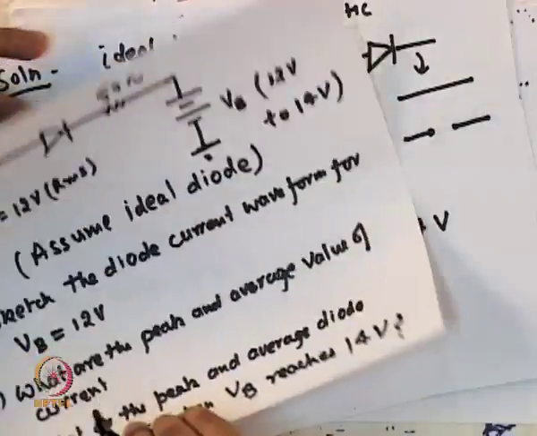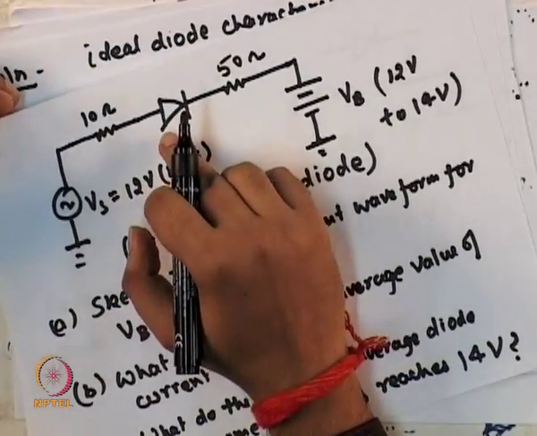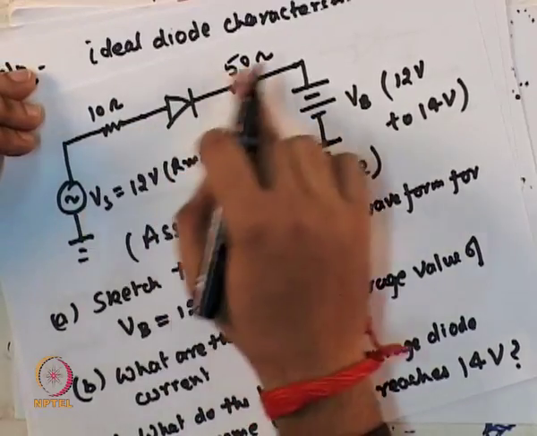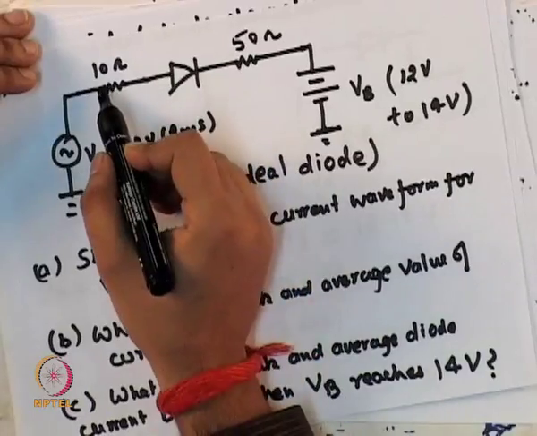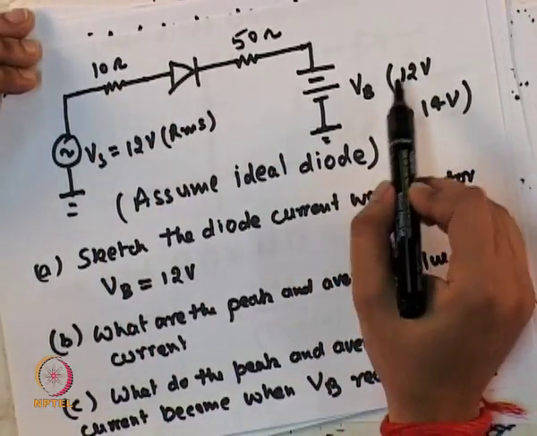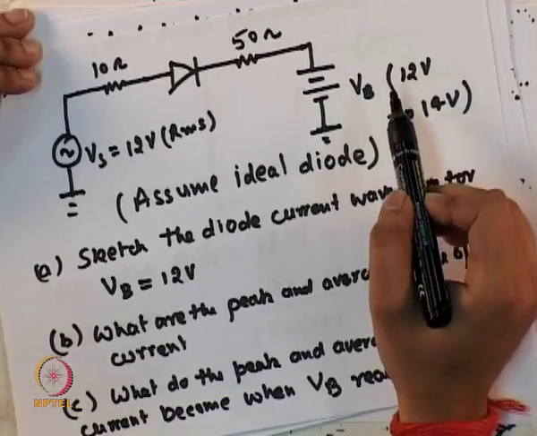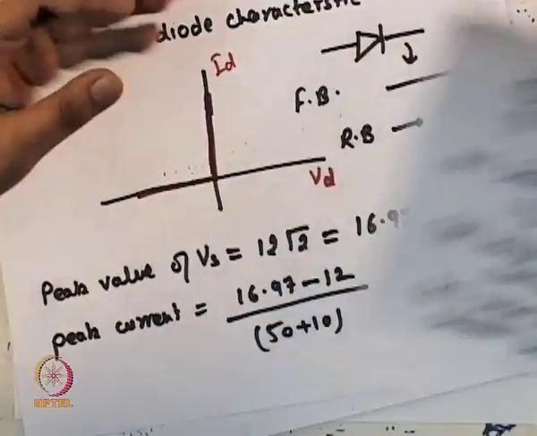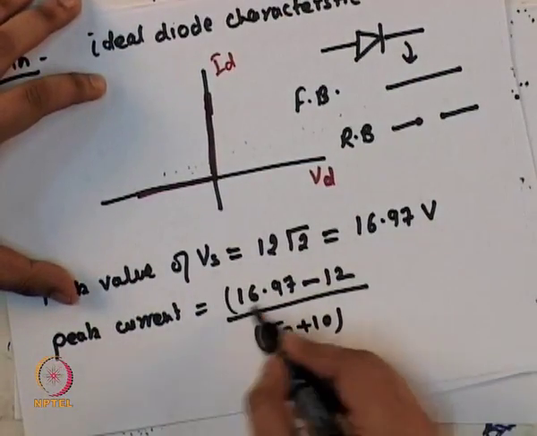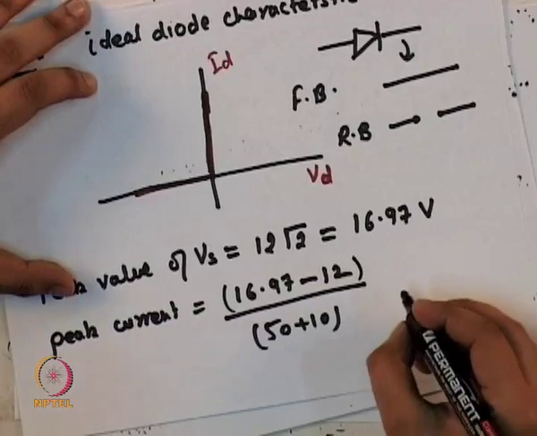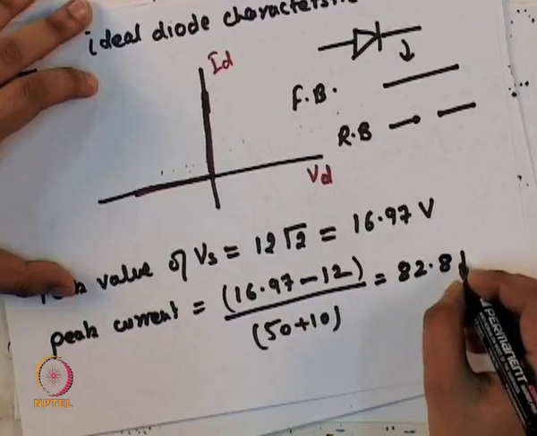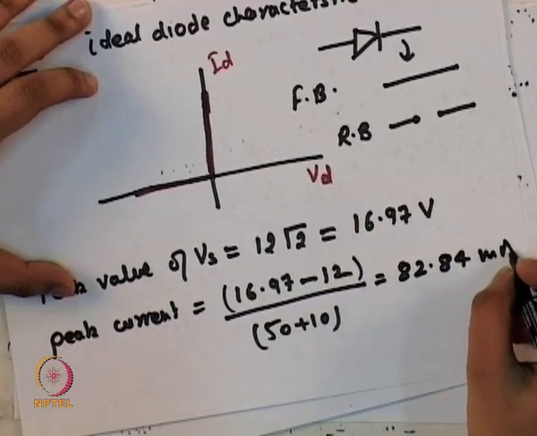So look at this circuit. We are assuming forward bias, so this will be short. Total resistance will be 50 plus 10, and the battery is as given VB equal to 12 volt. So the current would be given by this equation, that is 82.84 milliamperes.